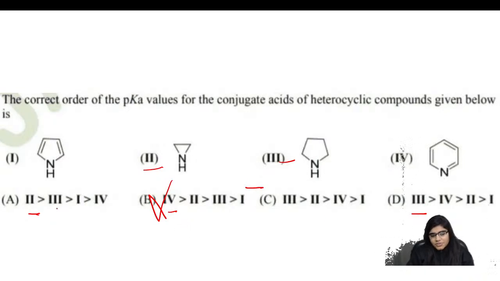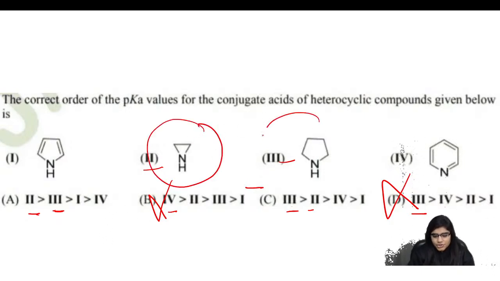Then at the second option we have third. Second and third will basically take the first and second positions. Over here it's second and third. Third and fourth, so definitely option D we can cancel out. Now we are left with option A and option C. So now we have to compare these two compounds.